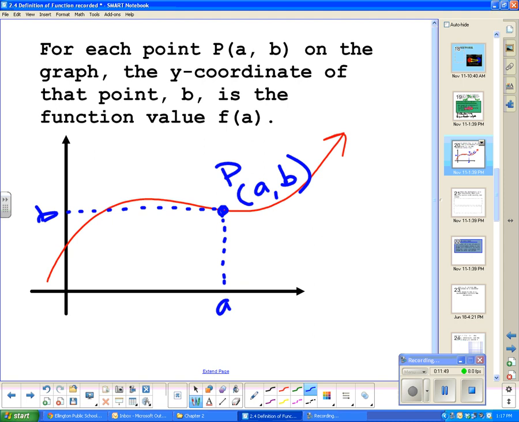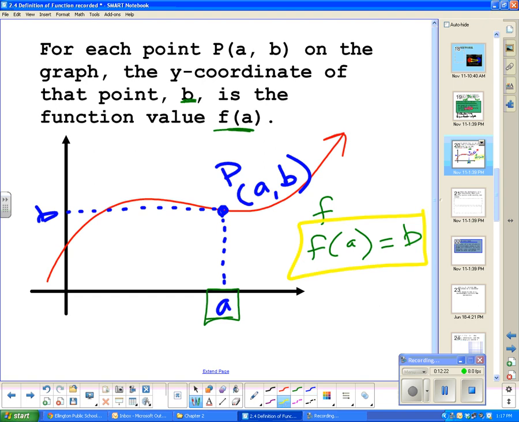What we saw on the last slide is what we're really doing with a function is we're taking this value of A, putting it into the function. That means if I have some function f, I am evaluating f of A, putting A into f, and getting out some output, and that output is B. So the statement above where it says B is the function value f of A is my statement right here.